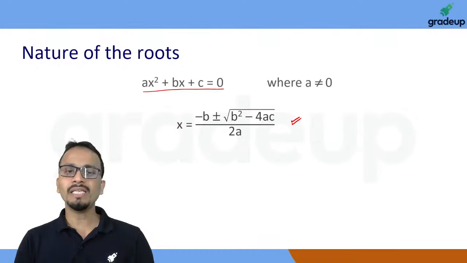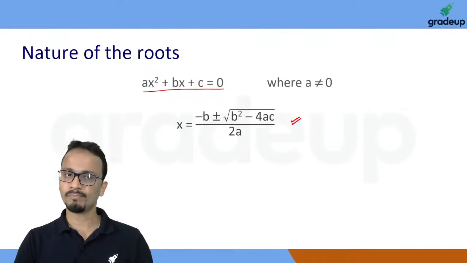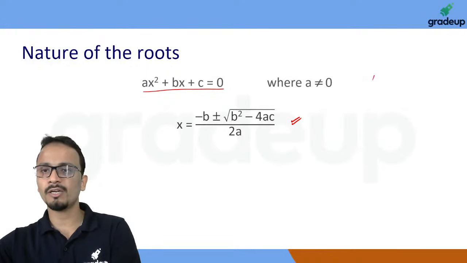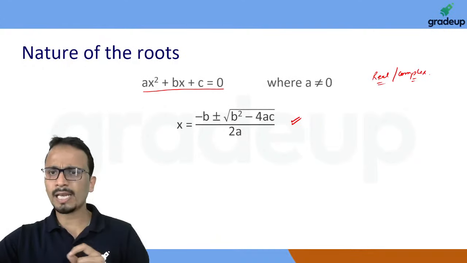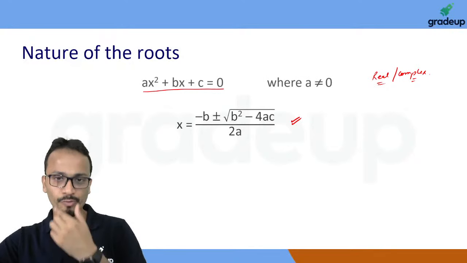By nature, I mean what type of number it will be. Some examples of types of numbers are real numbers and complex numbers. I'm not going to cover the classification of numbers in this lecture. You'll have to wait for that for a few days.